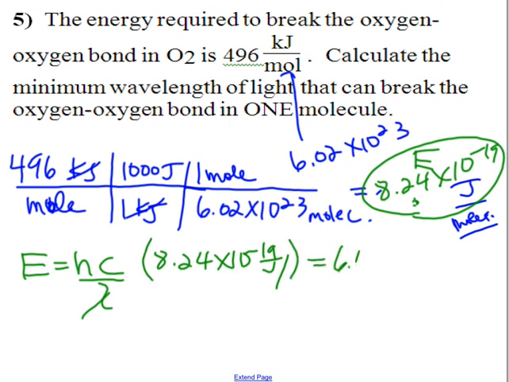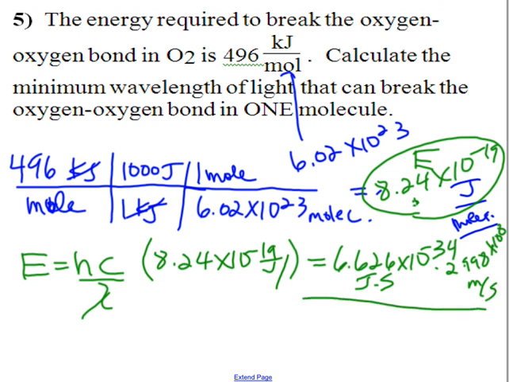Equals 6.626 times 10 to the negative 34th joule seconds times 2.998 times 10 to the 8 meters per second divided by looking for wavelength. So we want to cross multiply 1 times this divided by 8.24 e negative 19, and that will give us our good old-fashioned wavelength in what unit?